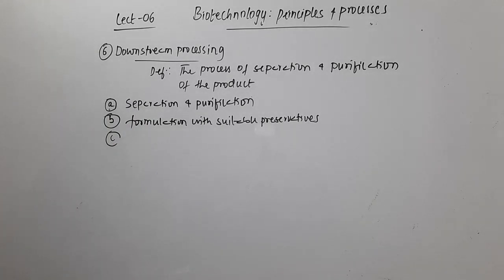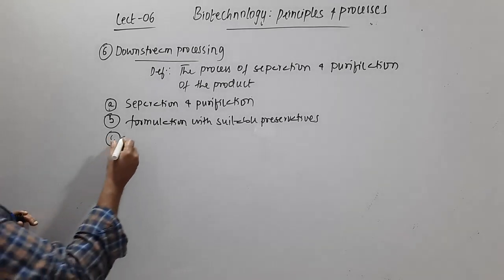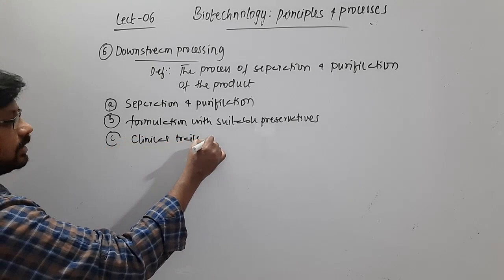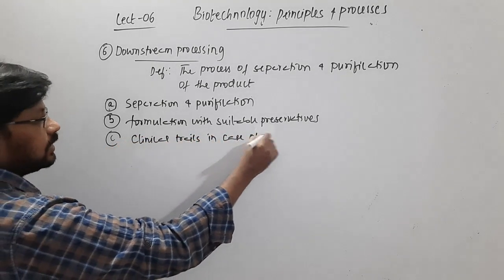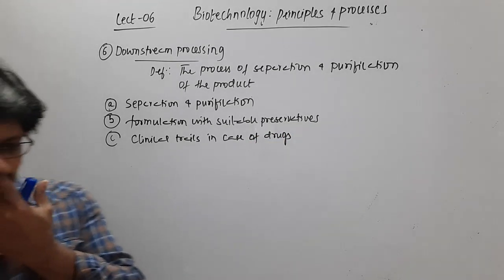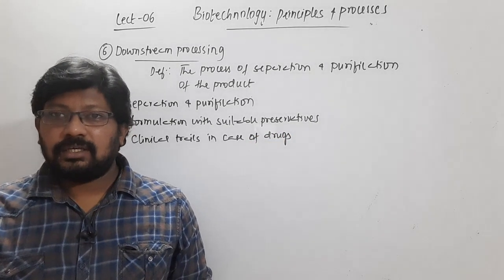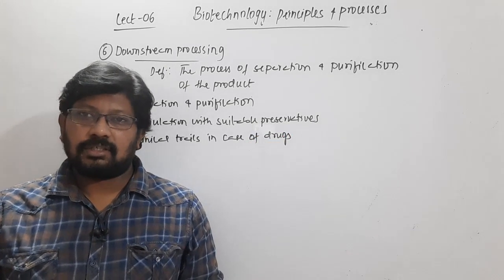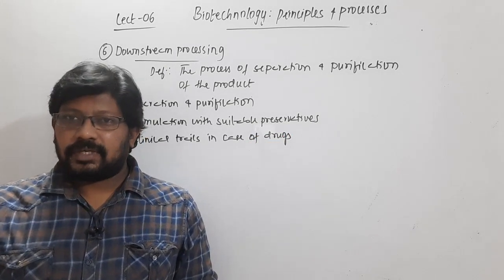Then we need to do clinical trials, in the case of drugs. If there are medicines, like for example this insulin, they need to undergo clinical trials, meaning they are first tested on animals.